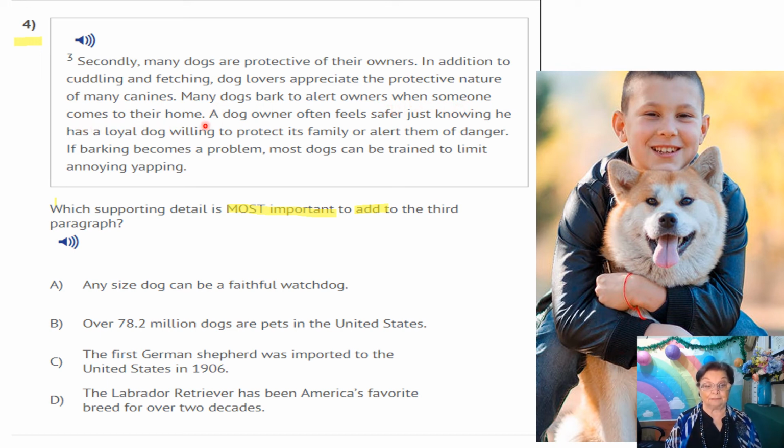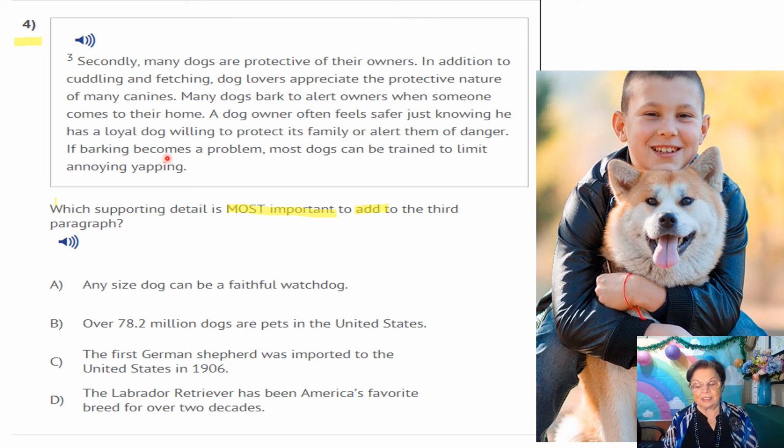Buddy does that. A dog owner often feels safer just knowing he has a loyal dog willing to protect its family or alert them of danger. If barking becomes a problem, most dogs, except Buddy, can be trained to limit annoying yapping.